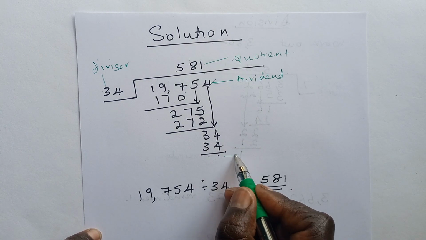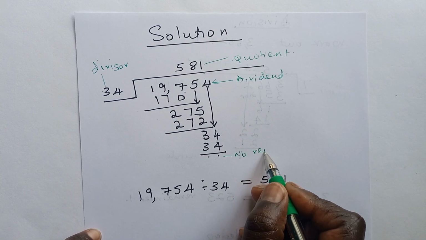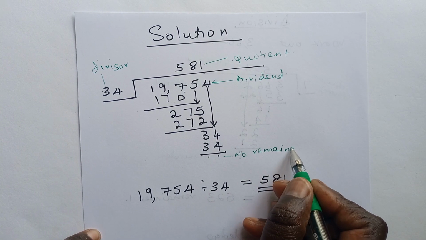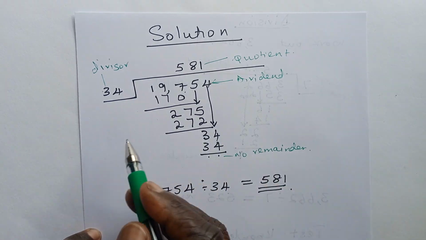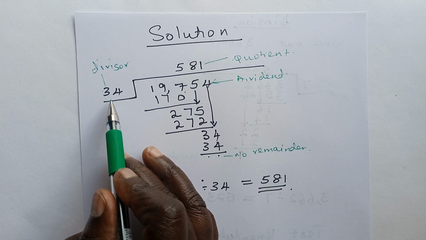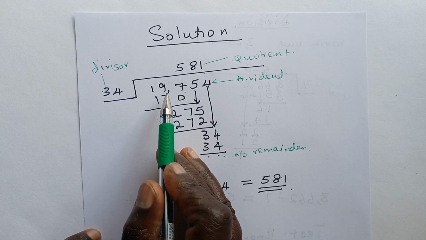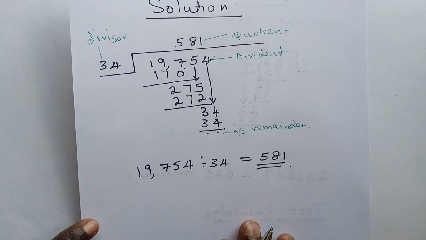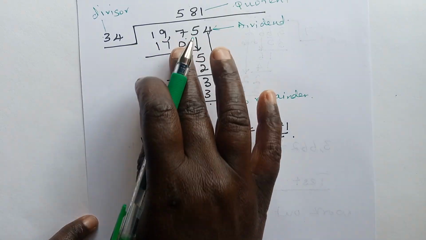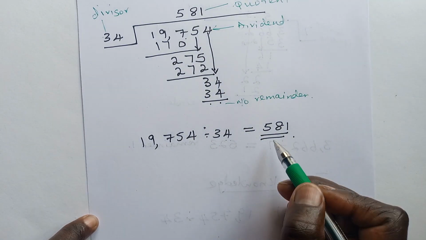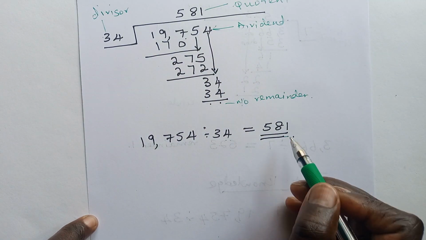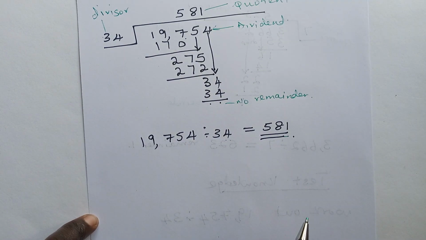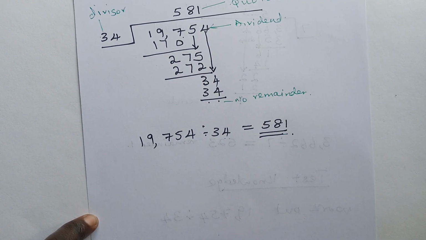And you can see there is no remainder. So what does this mean? It means that 34 is an exact divisor of 19,754. So when you take this and divide them together, you get an exact number. So 34, again I repeat, is an exact divisor of 19,754.